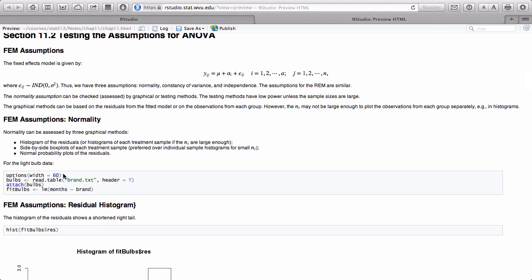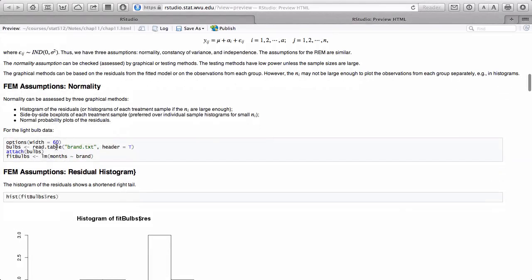So first of all, for normality, there are a couple of global approaches that we can use. We can either look at histograms of the residuals. In other words, we have A groups, A is the number of groups. So in the saw example, we had 4 groups. So we've got A groups, and we could look at each one of those groups separately, or we could fit the model and look at the residuals.